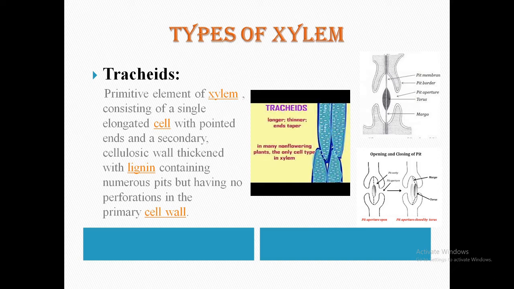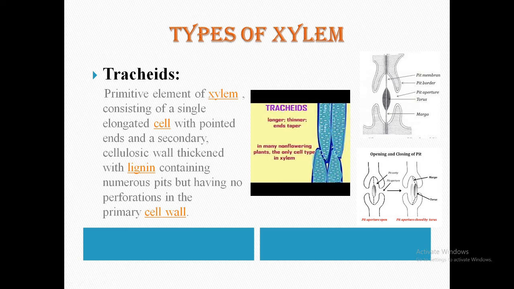In the middle of the pit membrane there is a circular thickening, called the torus. The remaining part of the pit membrane surrounding the torus is called the margo. This margo is flexible and thin.